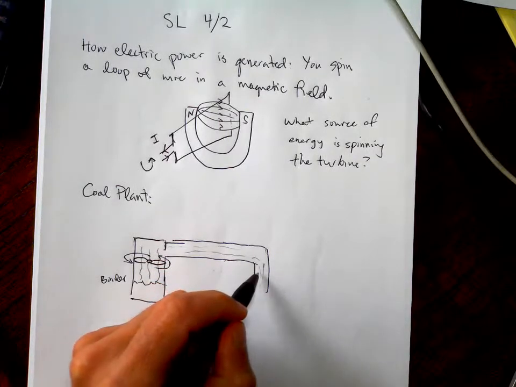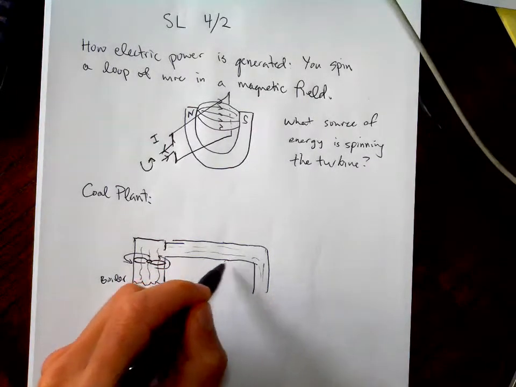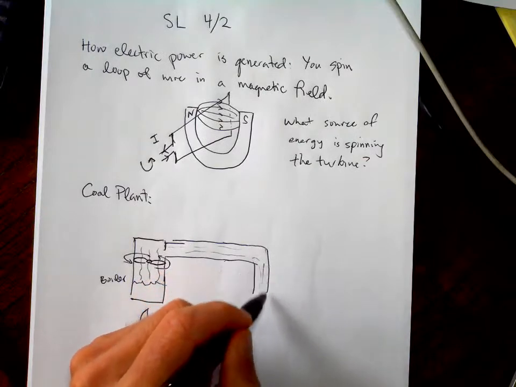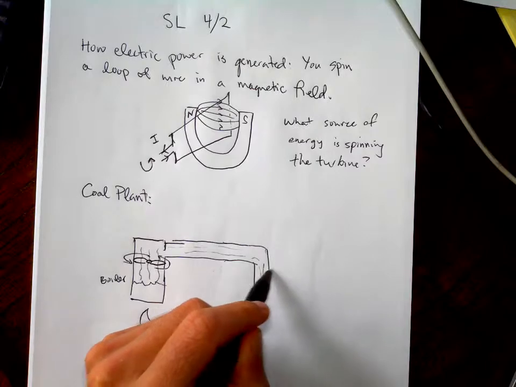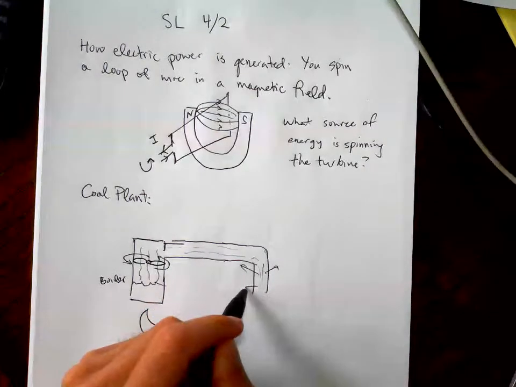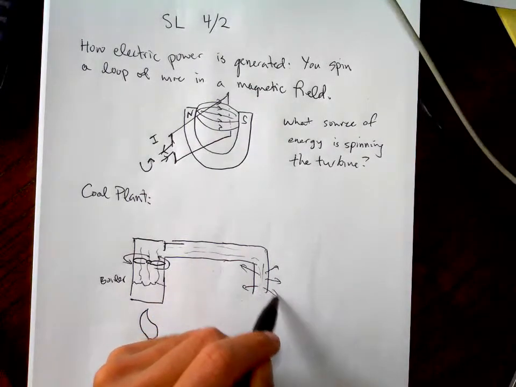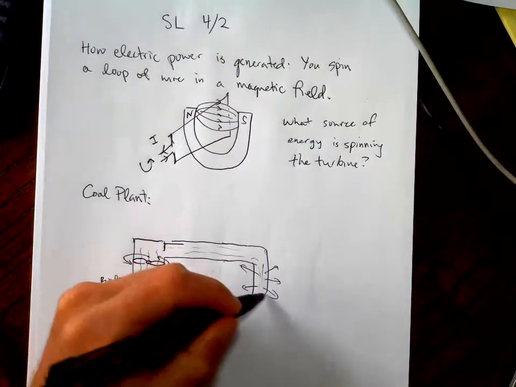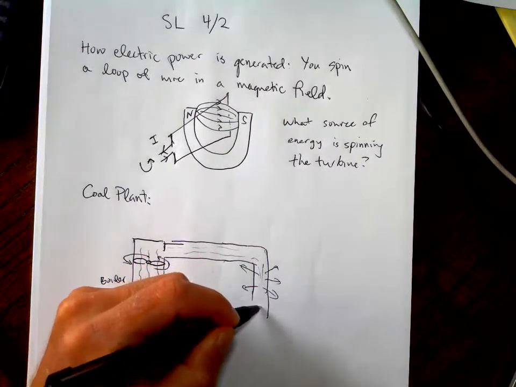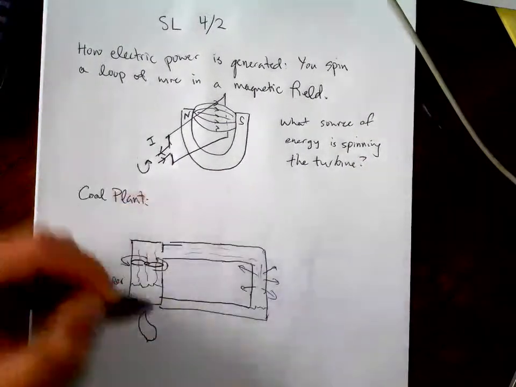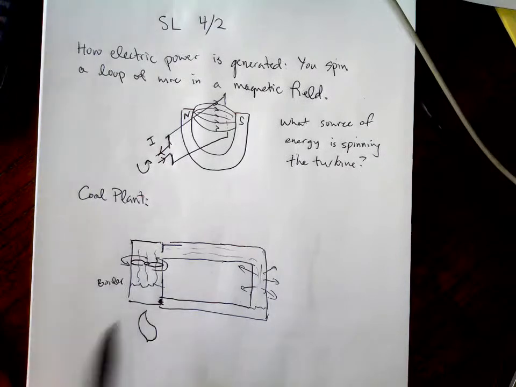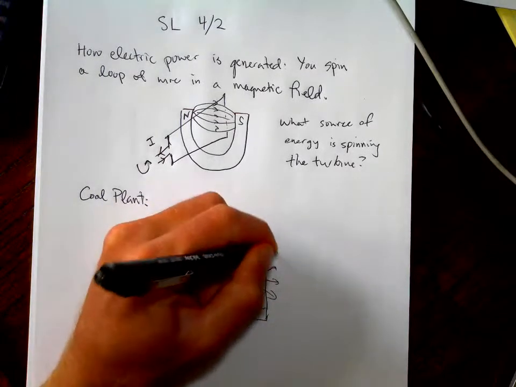You might run the pipe through a river or something so that the pipe exchanges heat, all the heat leaves the steam. The steam condenses back into water, and then it's fed back in. This is called the condenser.